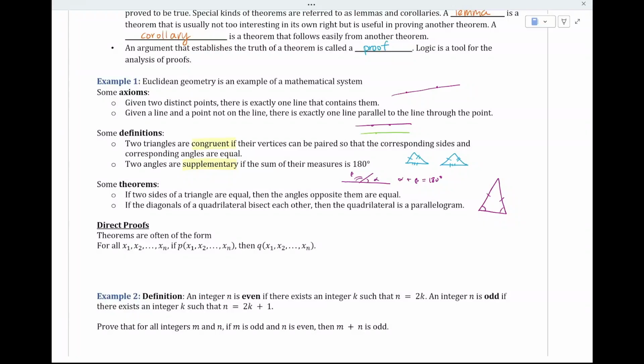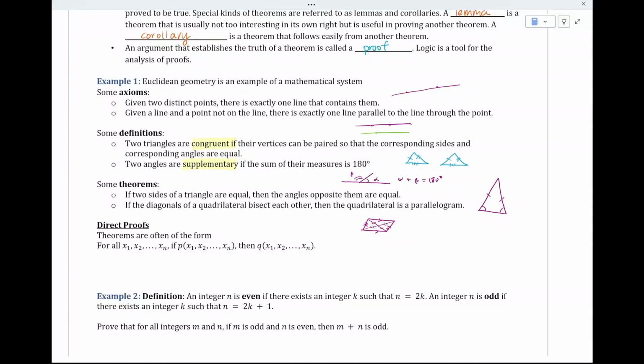Another one is, if the diagonals of a quadrilateral bisect each other, then the quadrilateral is a parallelogram. Something like this. So if this and this are equal and that are equal, then my quadrilateral is actually a parallelogram, which means that this side is parallel to that side and that side is parallel to that side, as opposed to something like a trapezoid.